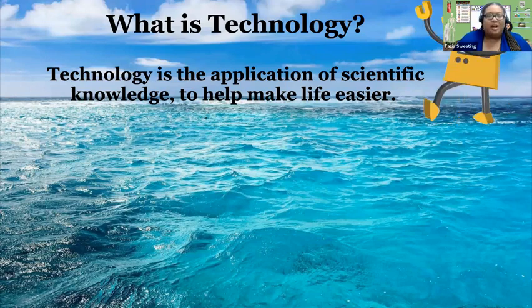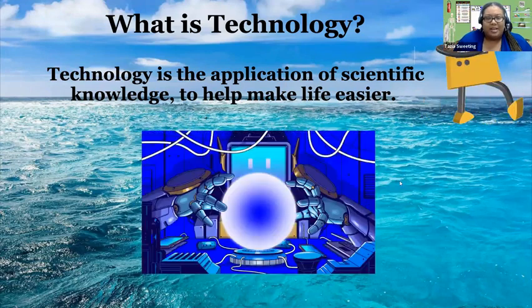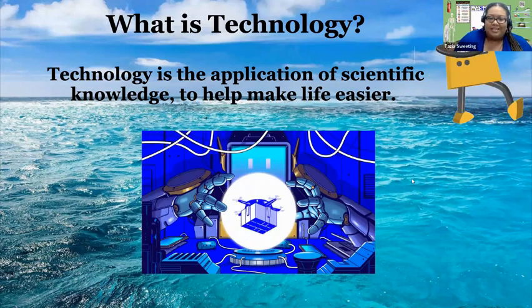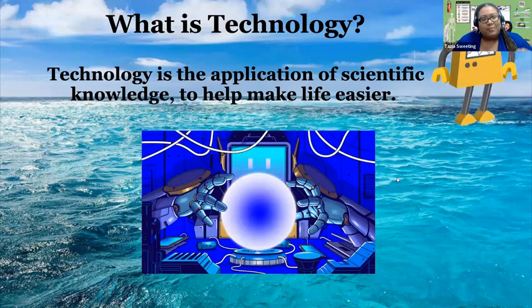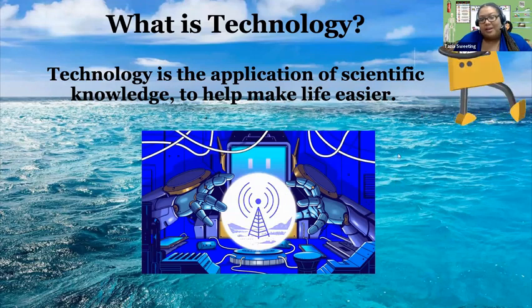In other words, technology exists because human beings created different things, different devices, different equipment in order to help make our lives easier. So we said that science is the process of obtaining knowledge. Technology is applying that knowledge now in order to help make our lives a bit easier.